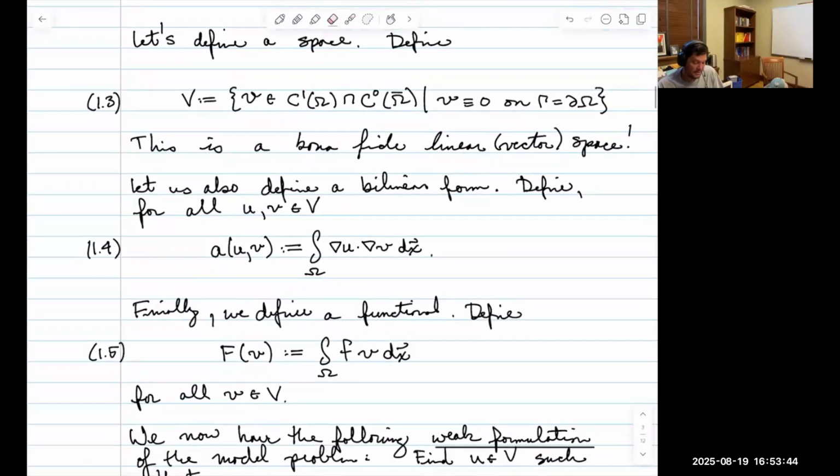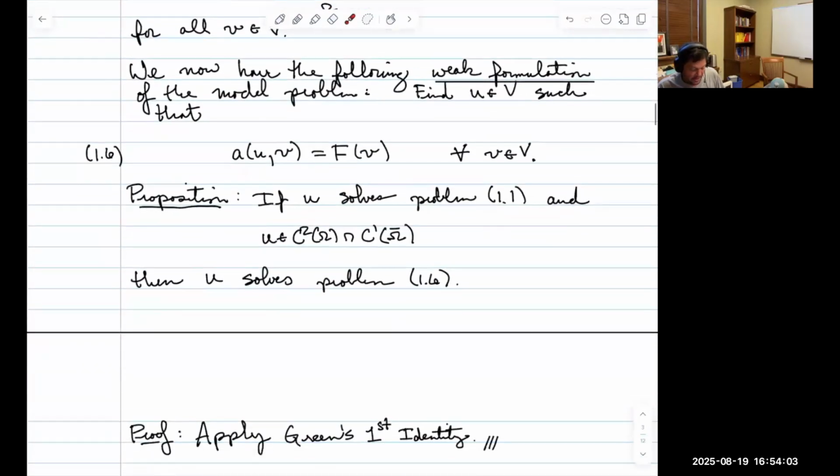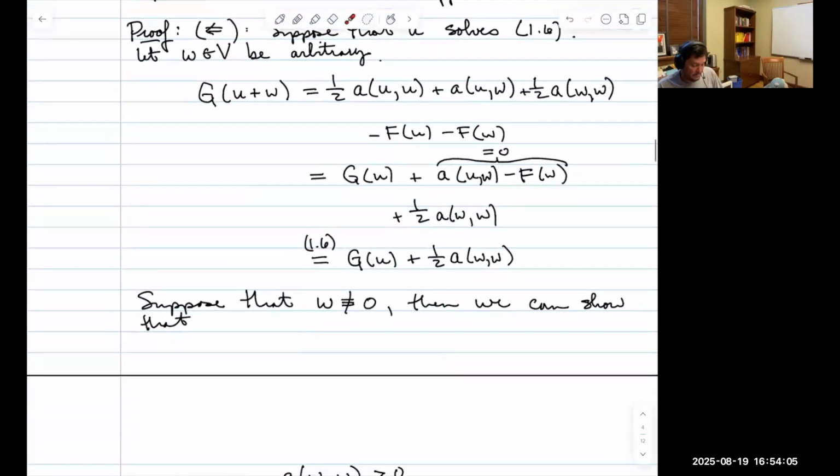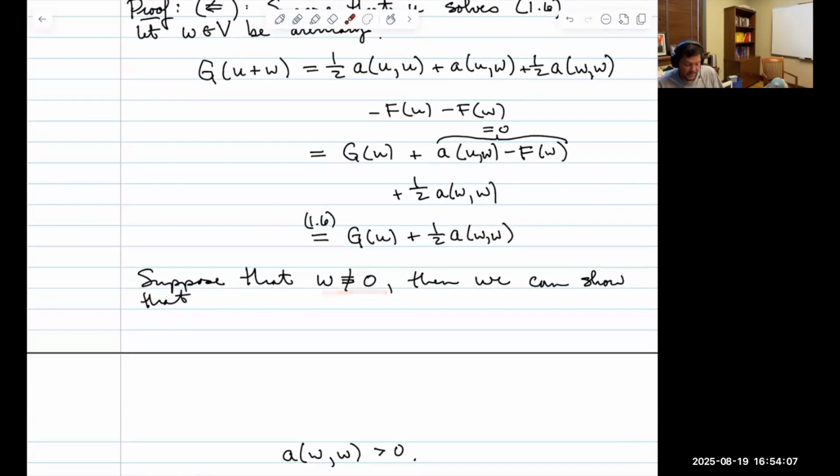As long as I put in two arguments here, W and W, this is the gradient of W squared. And the only way that that could be equal to 0 when I integrate is if the function was identically 0, which would be allowed in this function space, but we're going to disallow it by assuming it's not 0.